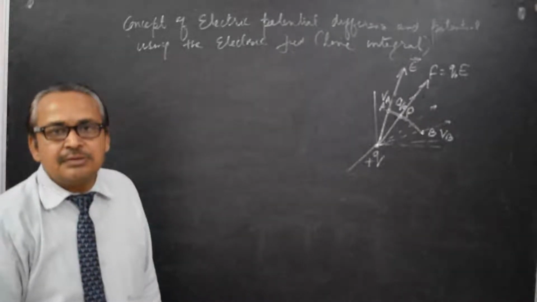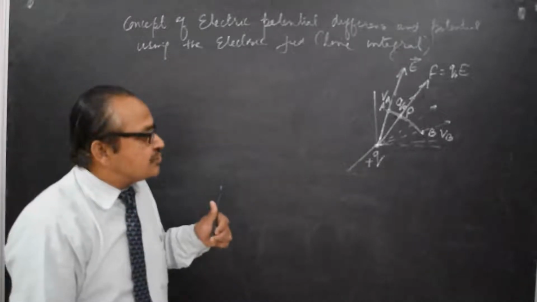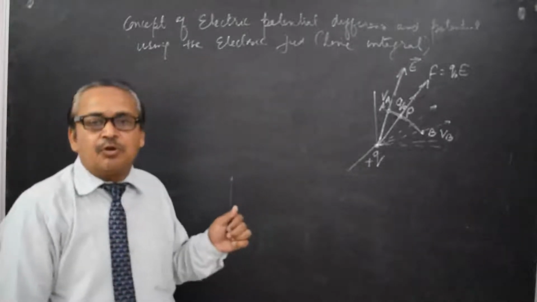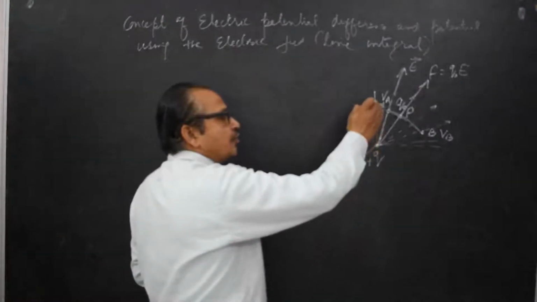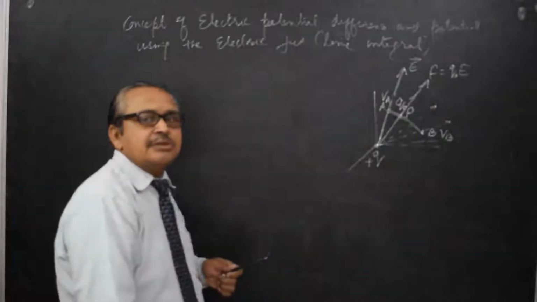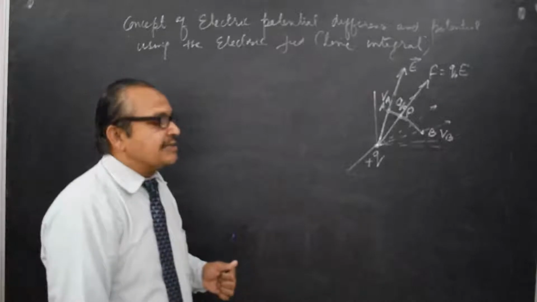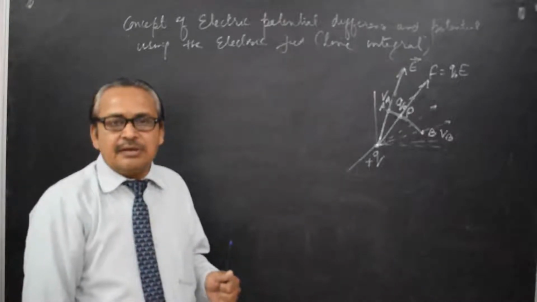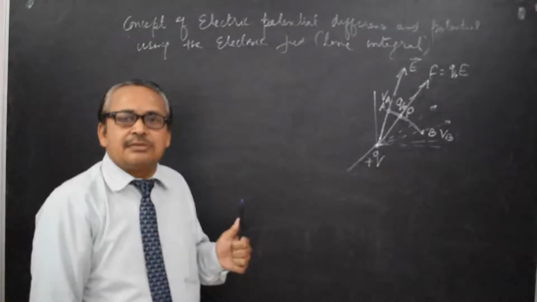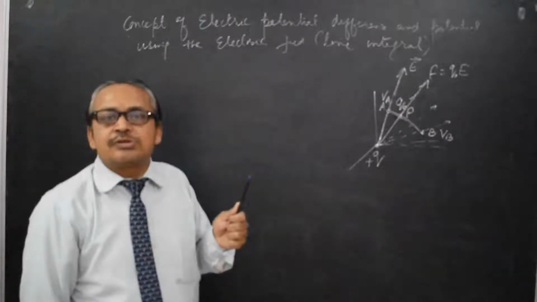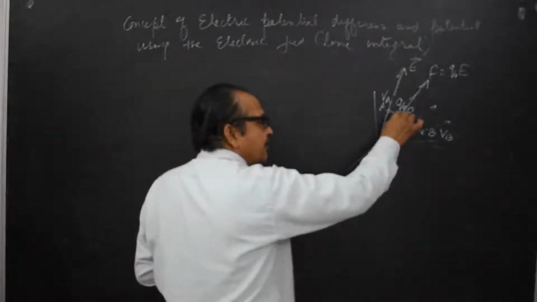Now, if I want that this charge should not be able to move, or should remain at the same position, I have to make sure that there is work done against this applied force, and that will obviously be against the direction of this applied force.